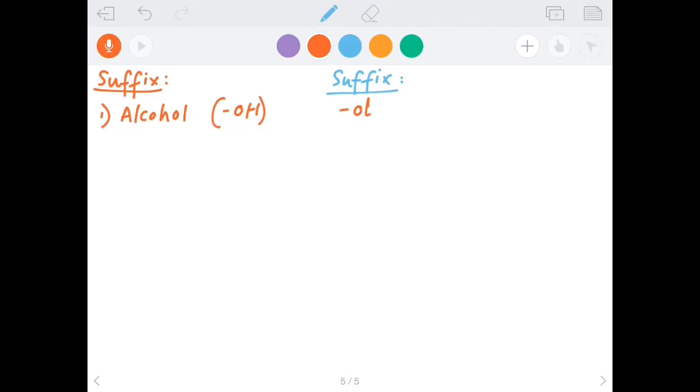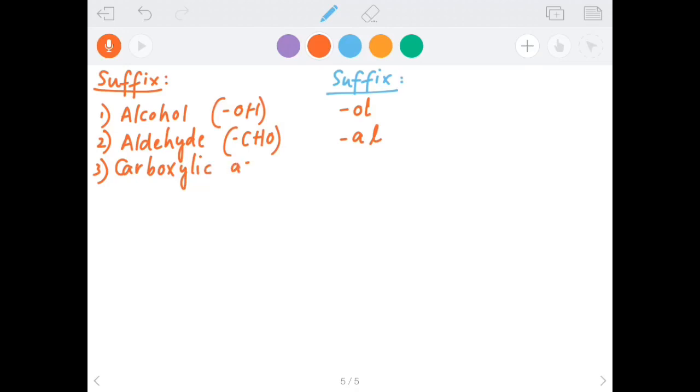The next one we're going to look at is the aldehyde group, which is given by the representation CHO. The suffix for aldehyde is going to be al. The third one is the carboxylic acid group. So please identify these groups as you name the organic compounds. And carboxylic acid is given by COOH and represented by the suffix oic acid.